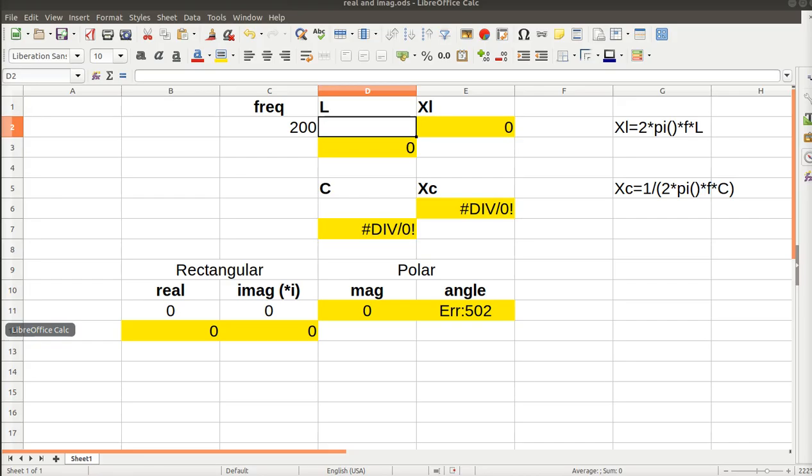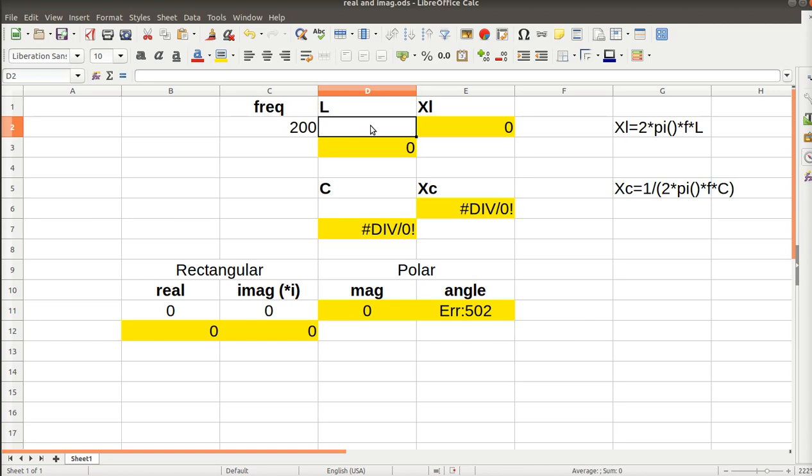but I'm trying to show you what the background stuff is. So I've made a spreadsheet also, and for those of you in my class, I'll make the spreadsheet available, where if I know my L and I know my frequency, which I do, it will calculate my XL.